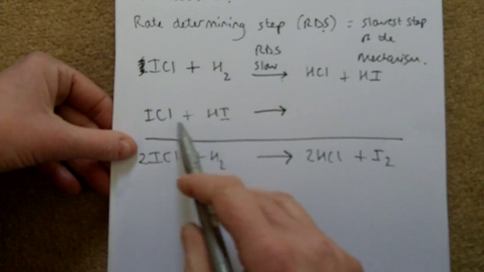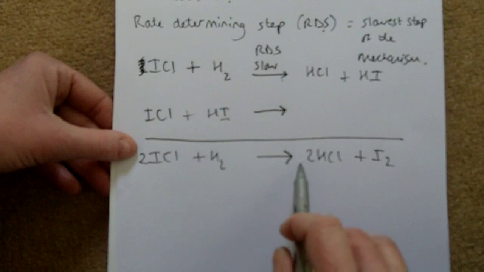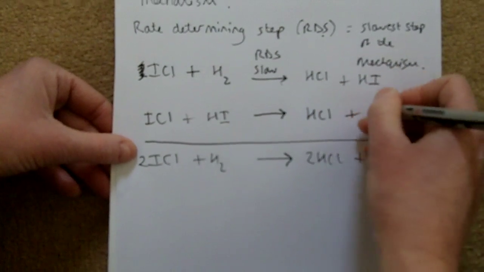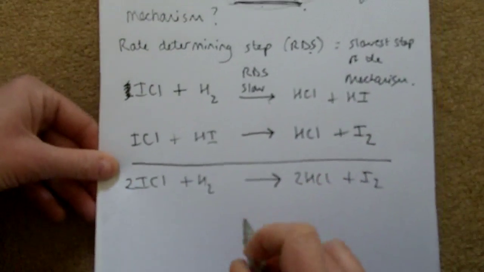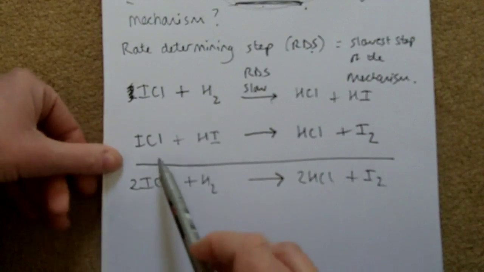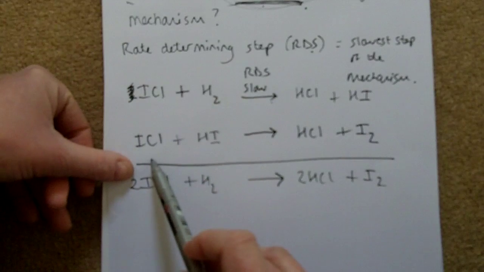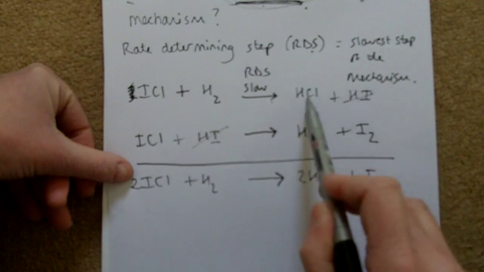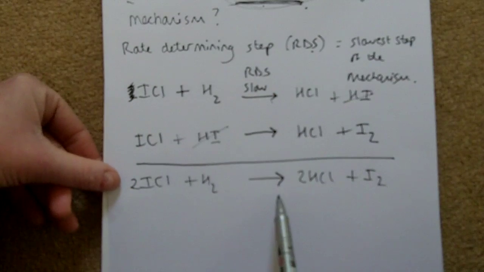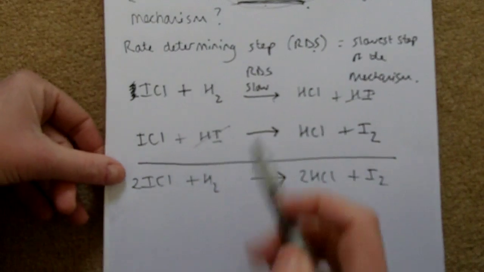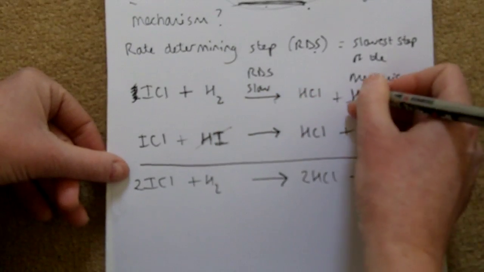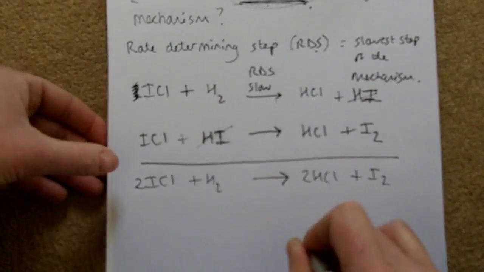And then ICl and HI, so that's going to be another HCl and I2. So I can see when I add this up, I've got 2 ICl, H2, the HI cancels out, 2 HCl and I2. So those are the 2 steps of the mechanism, and they add up together to give the overall equation.